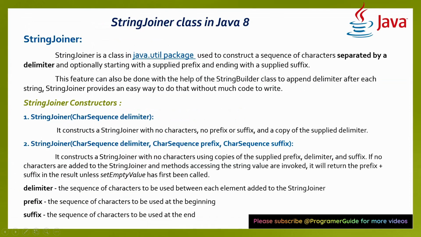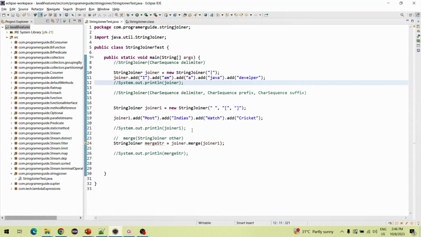The second constructor is StringJoiner with a CharSequence delimiter, CharSequence prefix and CharSequence suffix. It constructs the joiner with no characters, using copies of the supplied prefix, delimiter and suffix. If you see the example, you will understand.